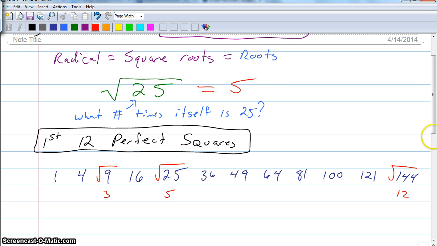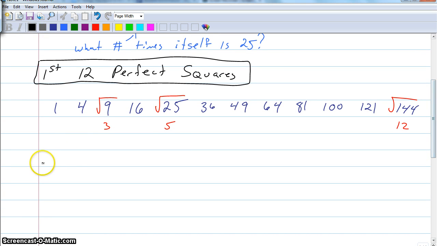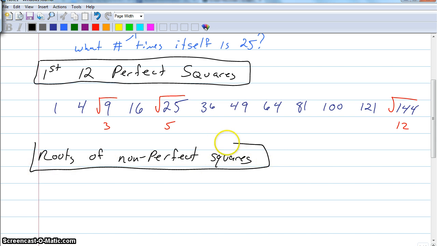Now, while those are perfect squares, where it gets tricky is when we're talking about the roots of non-perfect squares. This is where this unit gets fun. For example, the square root of 12. 12 is not a perfect square. 9 is a perfect square, and 16 is a perfect square.